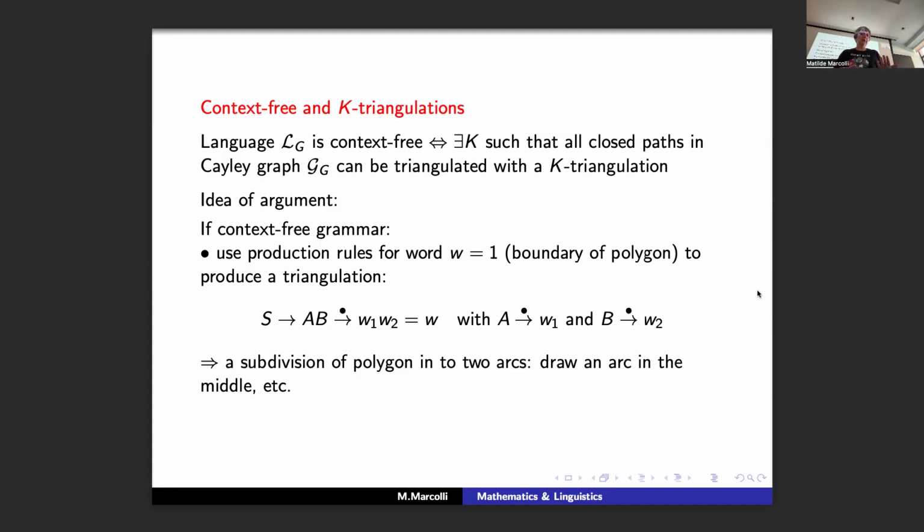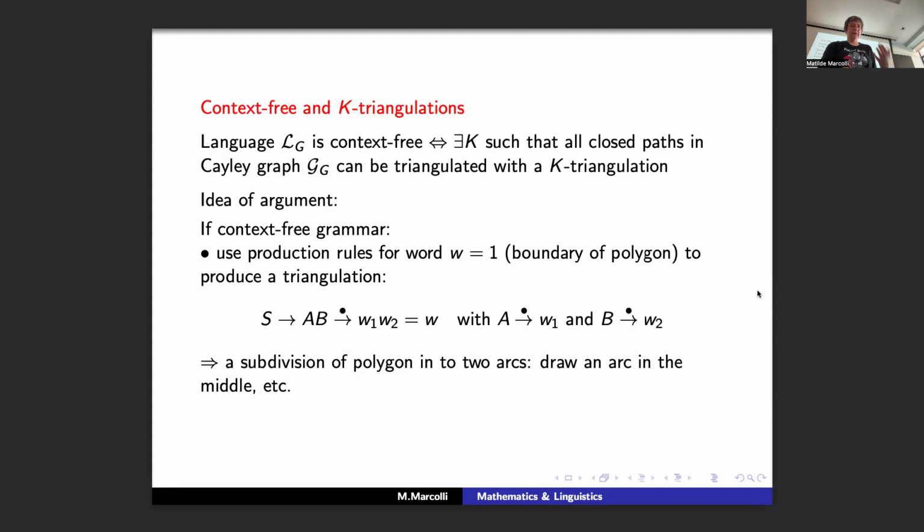And you can think of every production rule in your language as describing a way of subdividing a polygon, because you subdivide a certain word into a number of chunks, which are the intermediate steps of your derivations of the word in the language.